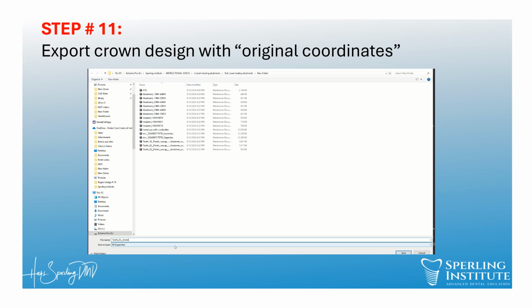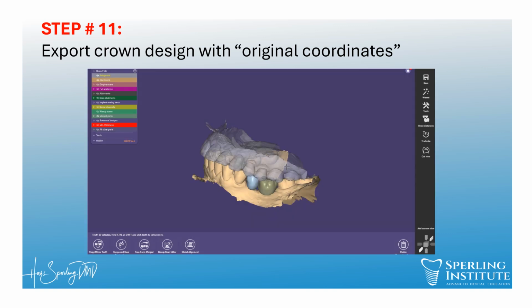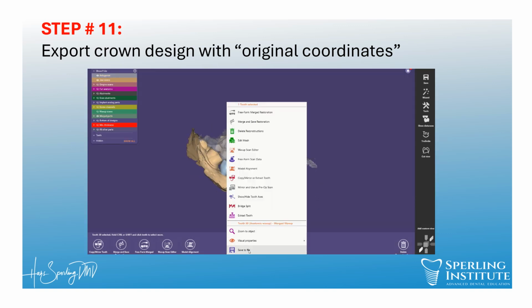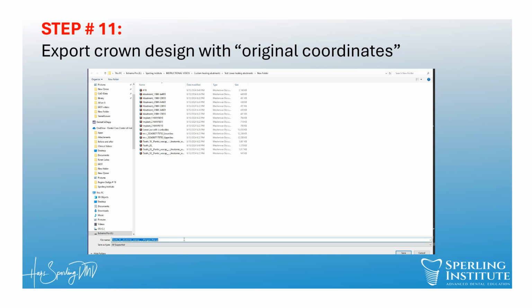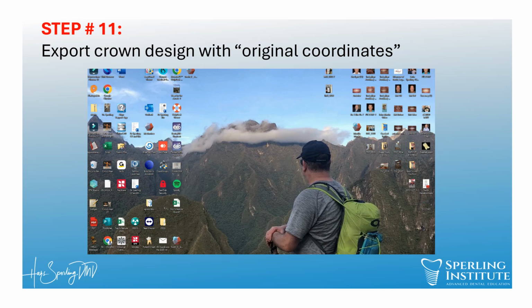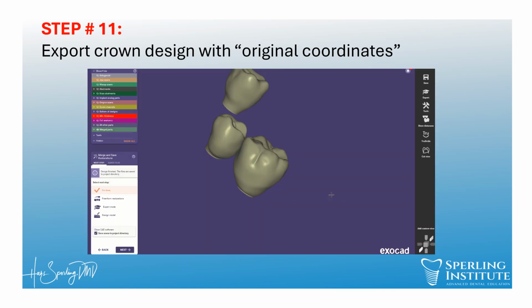And I don't want to label it the same as the other ones. Use original coordinates, and this is number 30. So now we're done with our exocad.